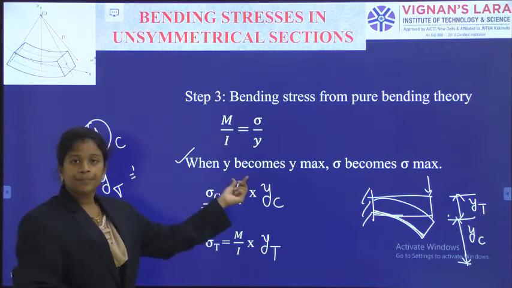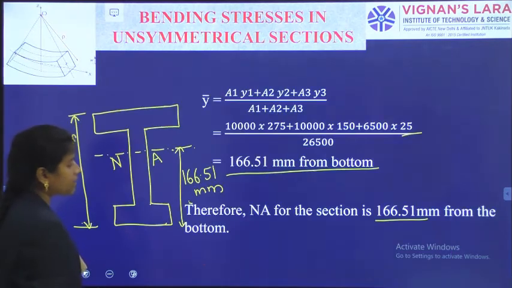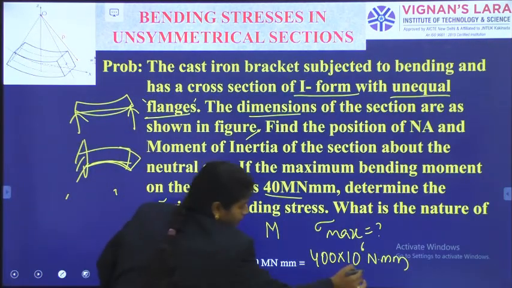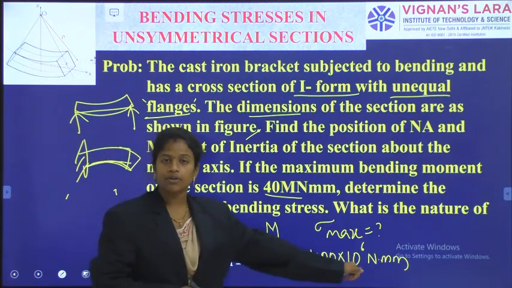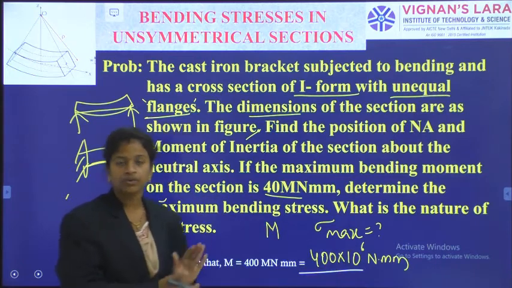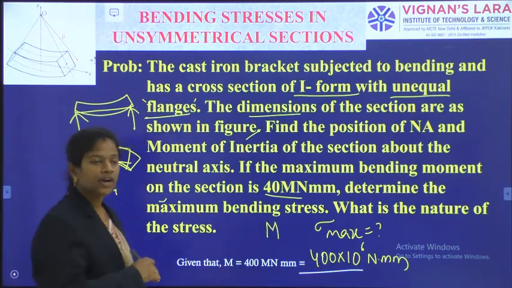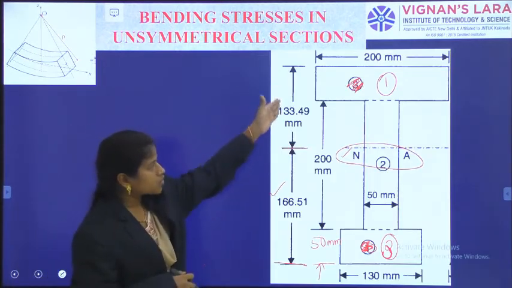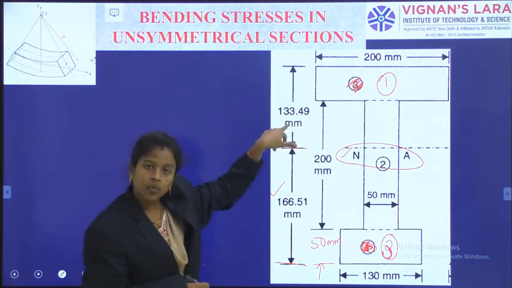And capital M, in the problem itself they have given, that was equal to 40 meganewton millimeters. We have already given capital M. What are those yc and yt? The values of these only. So, from the neutral axis to the top fiber I have one distance.